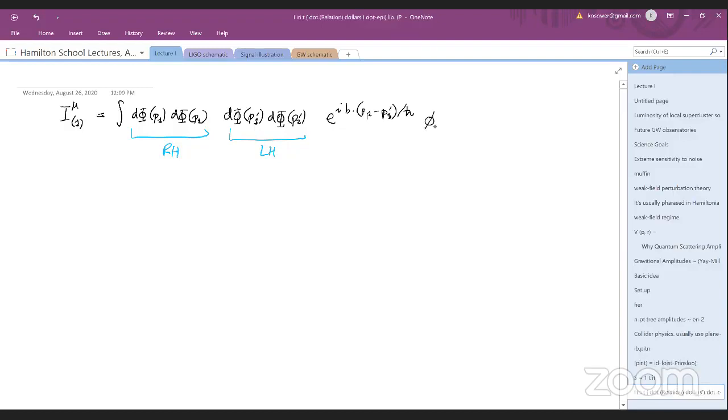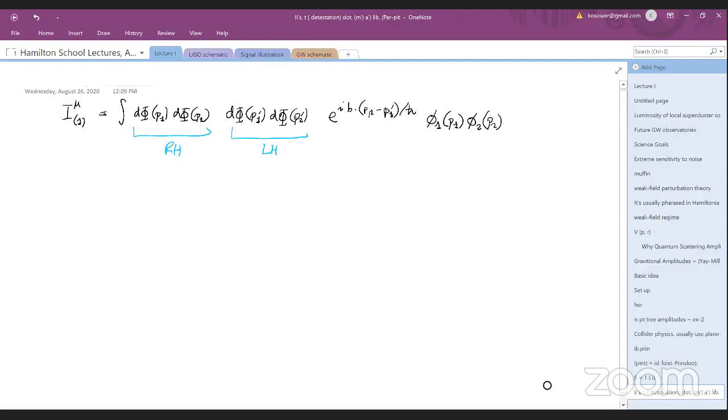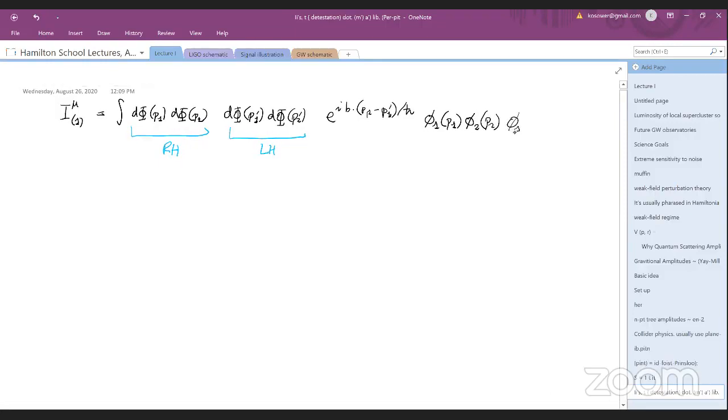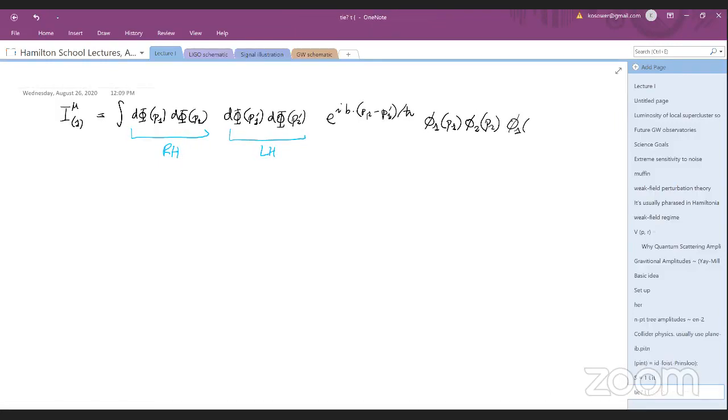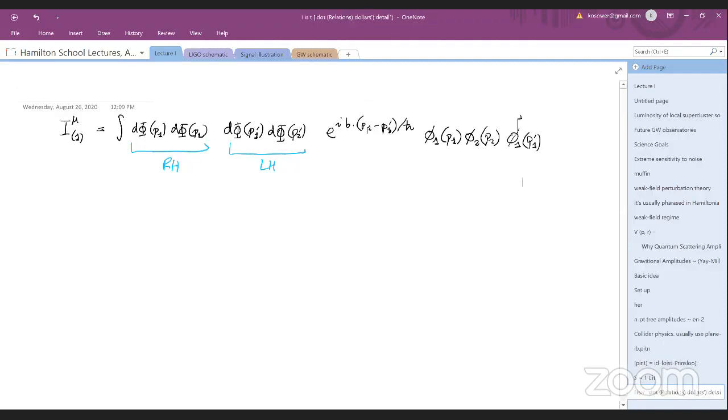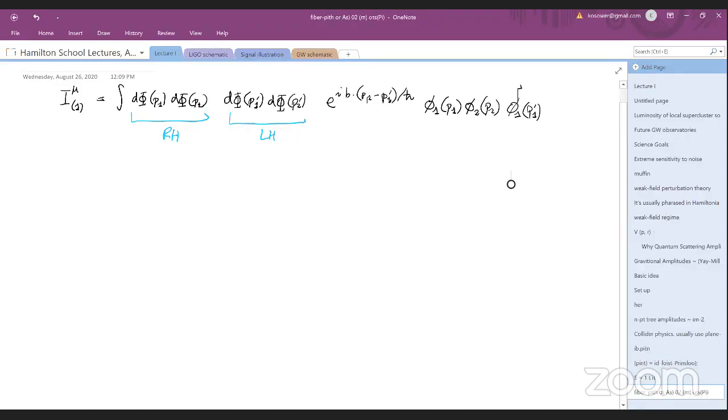There's the wave function factors from both the right-hand side and the left-hand side. The momenta here are different, but the wave functions are going to be the same. Sorry about that, one of them is conjugated.